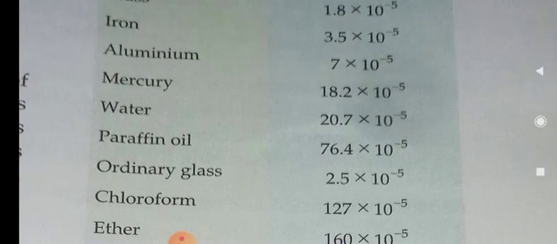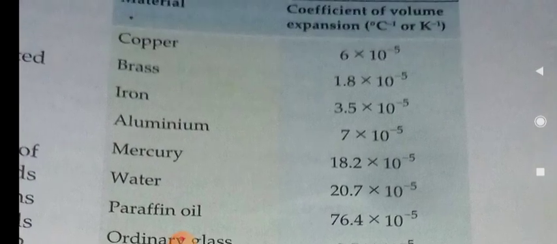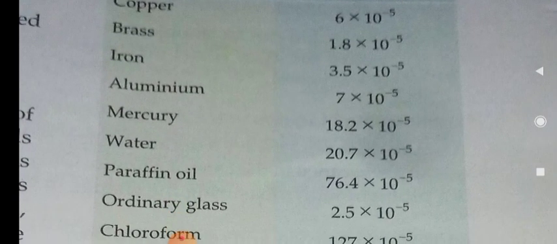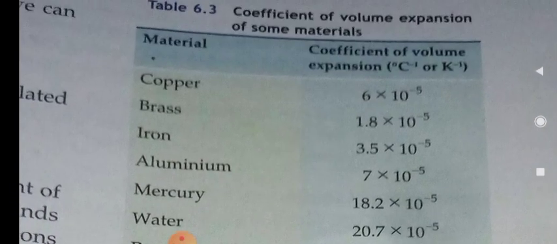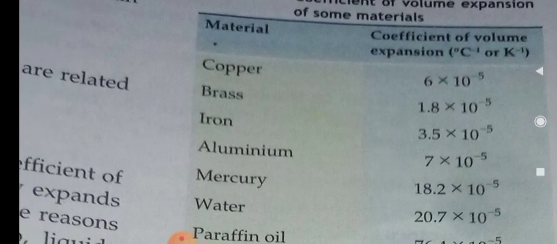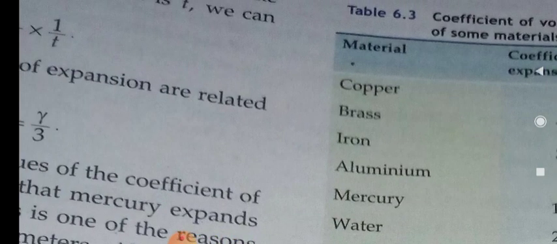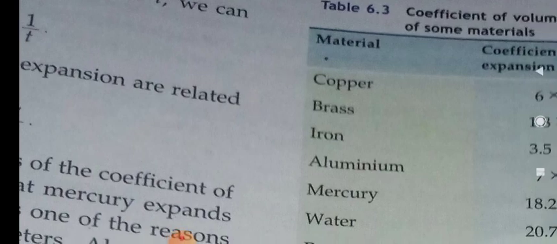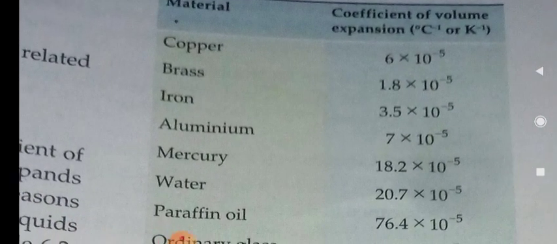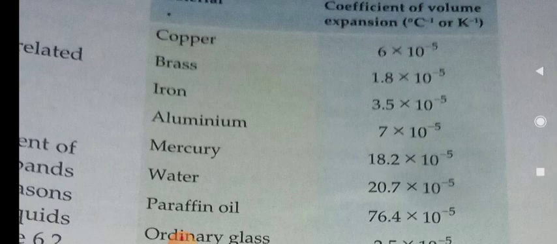Okay, children. So different materials have different coefficients of volume expansion when they are heated. So far we have learned about these three coefficients of expansion, isn't it? How can we relate the coefficients of volume expansion, linear expansion and superficial expansion?